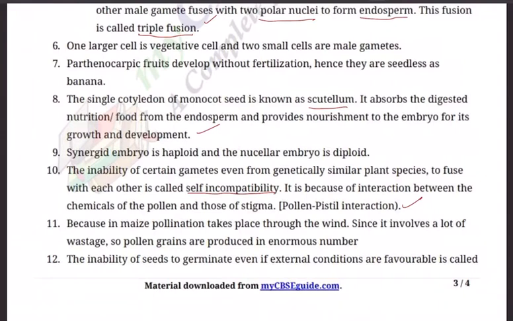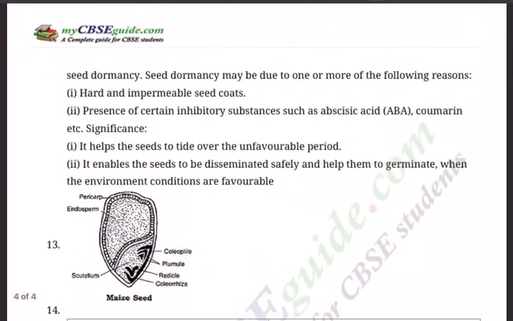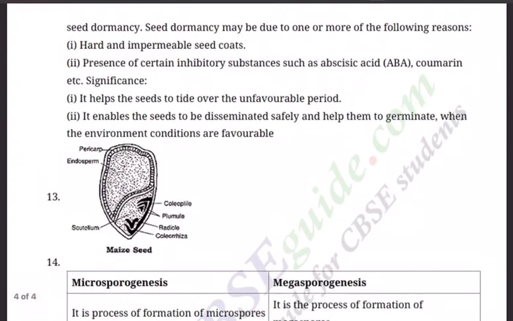Question number 12. The inability of seeds to germinate even if external conditions are favorable is called seed dormancy, inability to germinate.